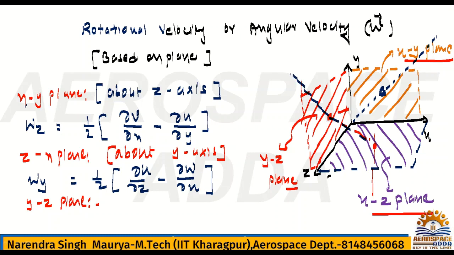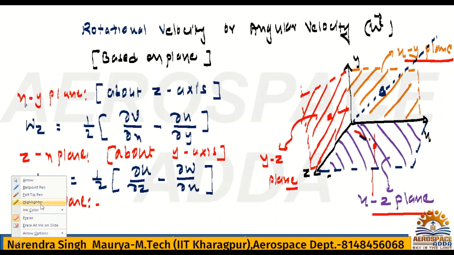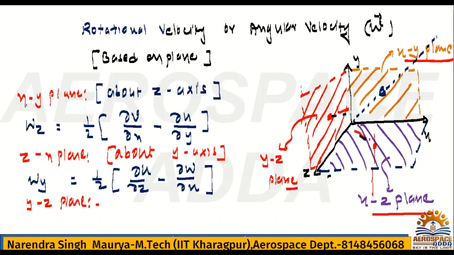What will come? Check, or if it is not clear, you need to write this one. Check properly yz. So yz perpendicular axis will be what? It will be x-axis. Check in this way.